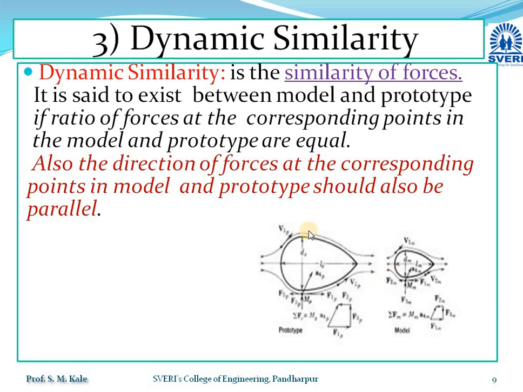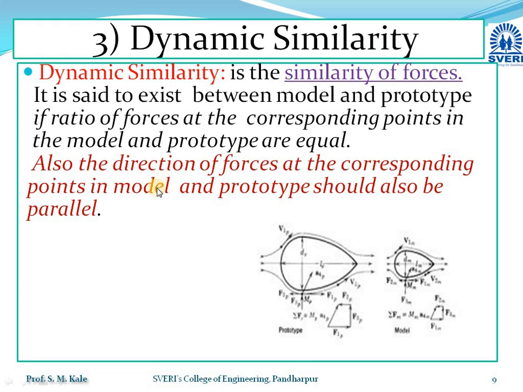So if we consider any point in the prototype and the corresponding point in the model, and the ratio of forces at the corresponding points in the model and prototype are equal, then I am going to say that there is a dynamic similarity.